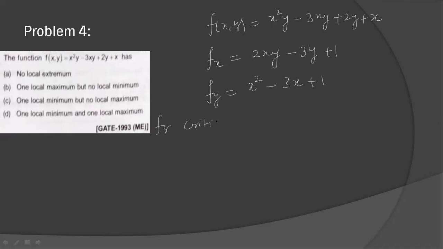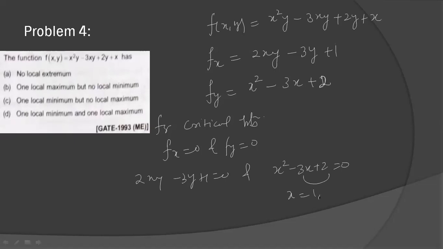For critical points, fx equal to 0 and fy equal to 0. So 2xy minus 3y plus 1 equal to 0 and x square minus 3x plus 2 equal to 0. You will get x equal to 1 and 2 here, and you can put them in the other equation. When x equal to 1, you will get the value of y. When x equal to 2, you get the value of y.